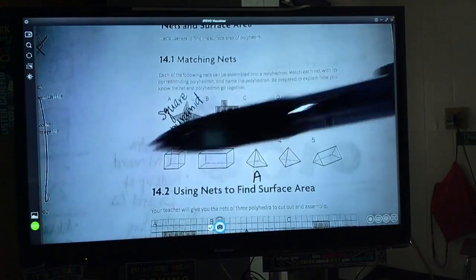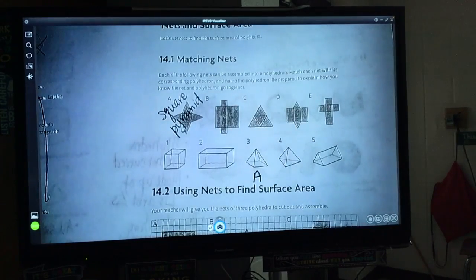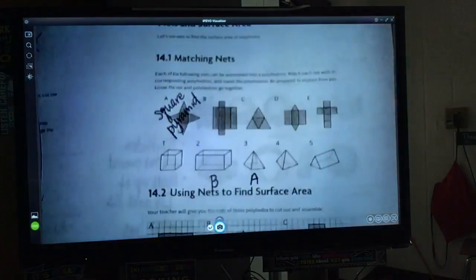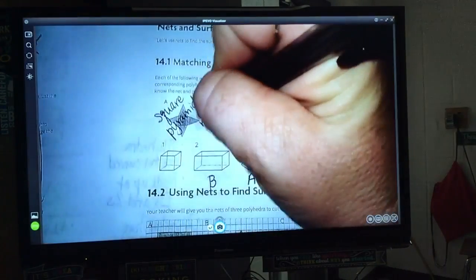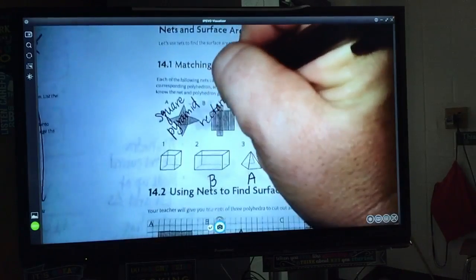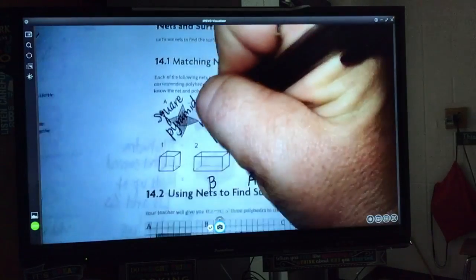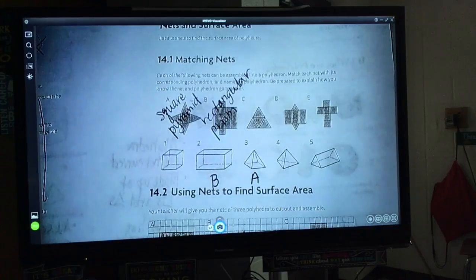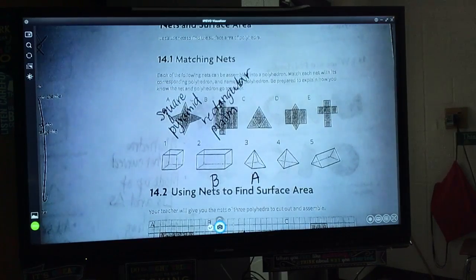Alright, B, which one does it go with? Caleb. The 2. Okay, so B goes here. Caleb, what's the name of it? Rectangular prism. And how do you know it's a prism? Well, it was shown on the page.